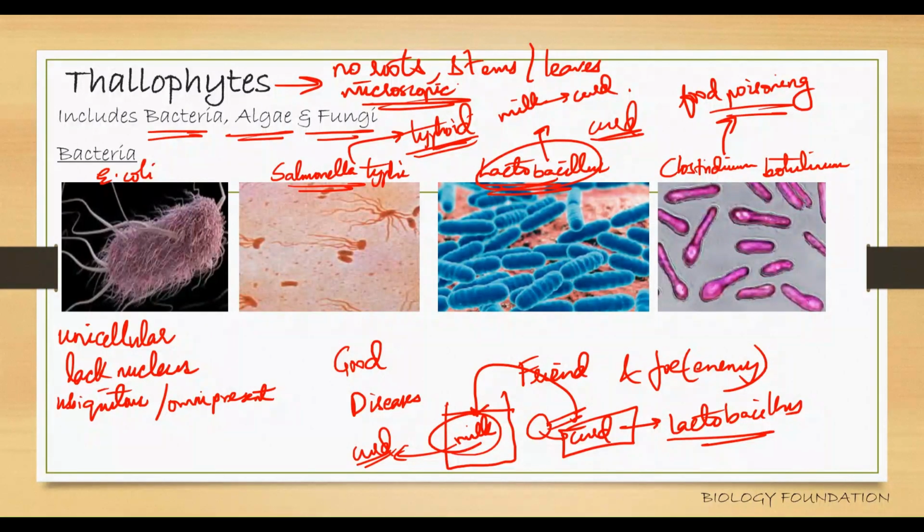I won't say all thallophytes are microscopic, but most are, and they do not have roots, stems, or leaves. Thallophytes include bacteria, algae, and fungi. The general characteristics of bacteria: they are unicellular, they lack a nucleus, they are present everywhere, that is, ubiquitous, and they are microscopic. That means I can't see bacteria with my normal eye. I need a microscope for visualizing bacteria.